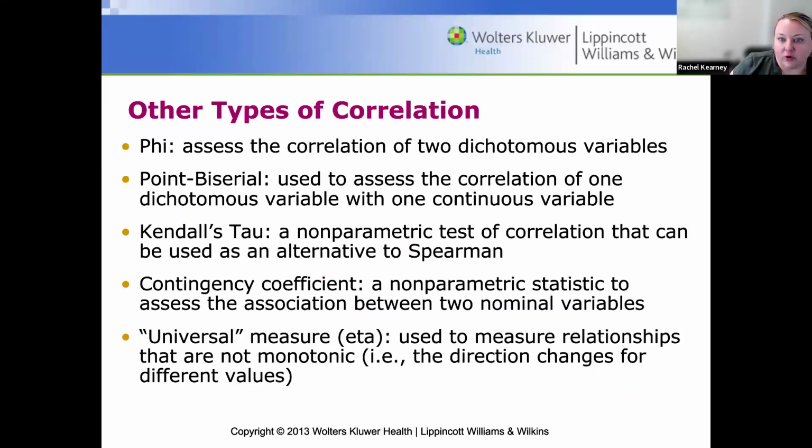There are other types of correlation, and you may come across some of these: the phi correlation, point biserial, Kendall's tau, contingency coefficient, or universal measures. We don't go into a lot of these, and I don't make you calculate a lot of these in this course, but you should be aware that there are other ways to calculate correlation depending on the type of data that you have.